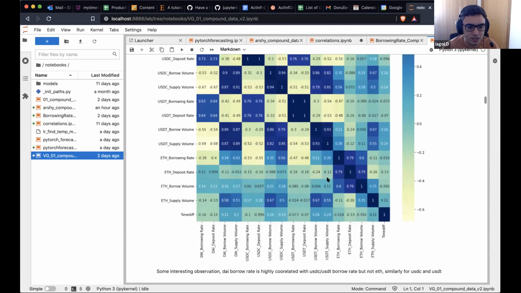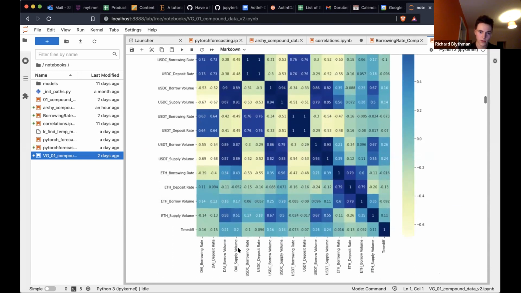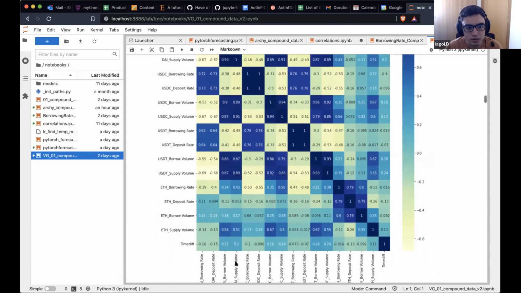Okay, so this is the correlation one. Oh, it has higher correlation with other stablecoins, which is kind of expected.